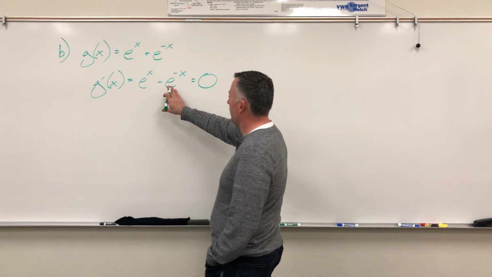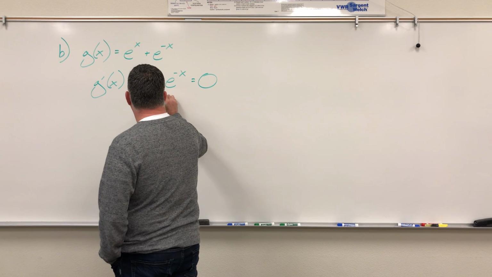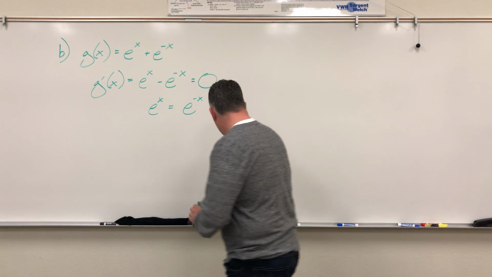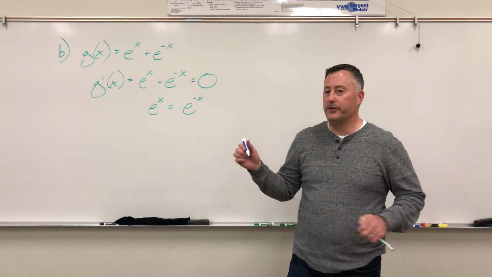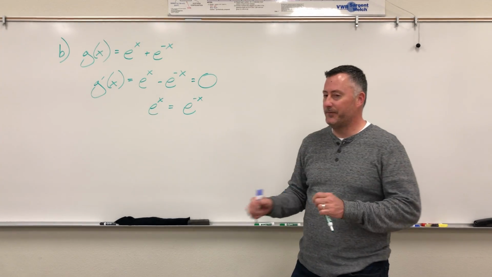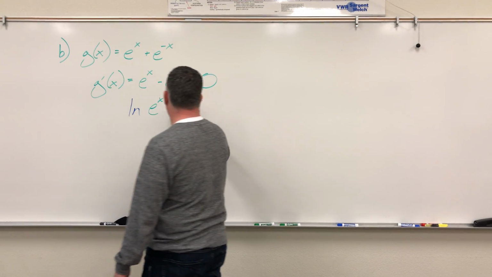So we're going to move this e over to the other side. And then using your math skills, what cancels out an e? Well, an ln. So we'll take the ln of both sides.